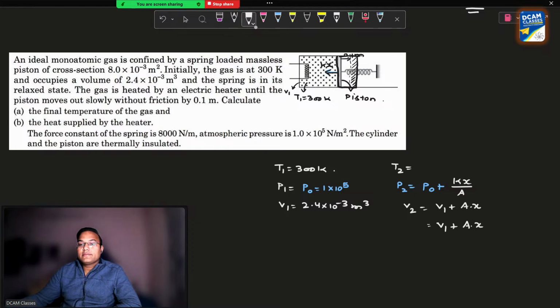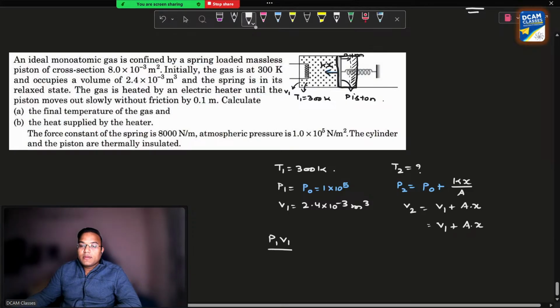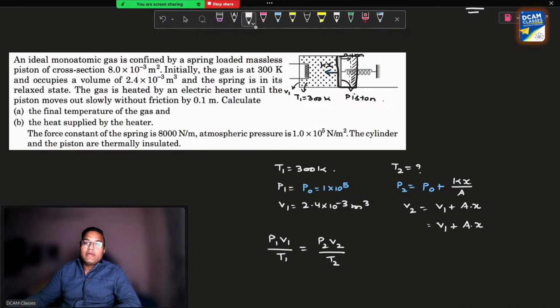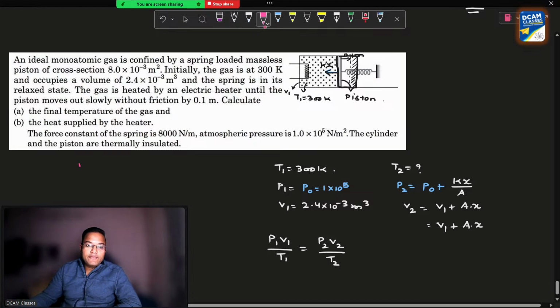T2 they are asking, and in this case we do not know what kind of process is going on. When we do not know, we can always apply P1 V1 by T1 is equal to P2 V2 by T2, because it's the general gas law. The ideal gas is not changing its ideal nature, so at every point we can write PV equals nRT.